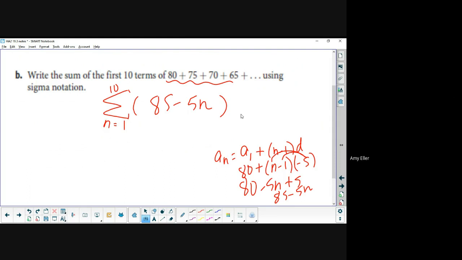What I would do is if I create an equation, which sometimes math students are just not great at creating equations, you could always check it. This is your fourth term. Why not plug in 4 there and see if you get 65? I would always do that on a quiz just to check my equation.